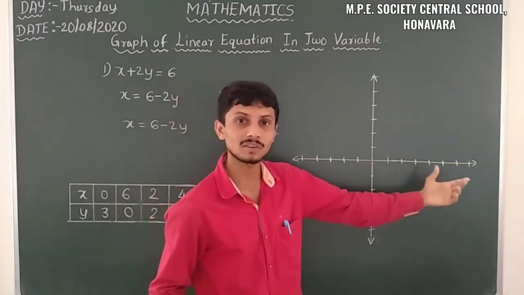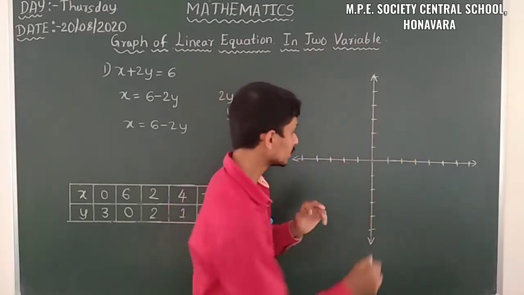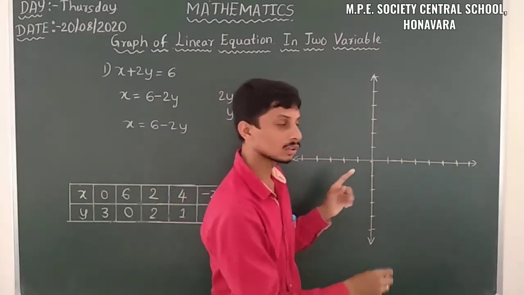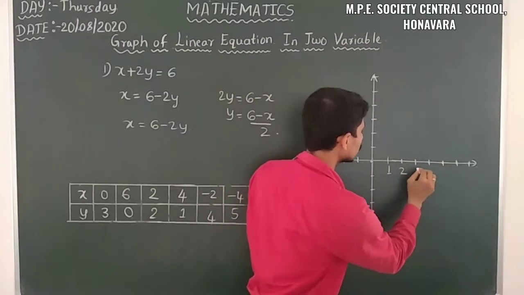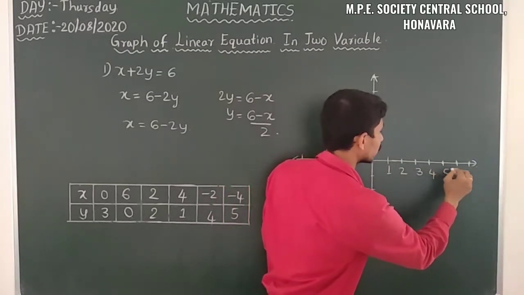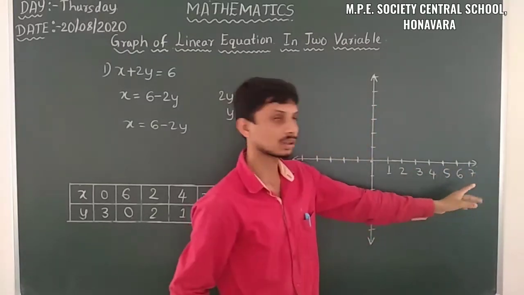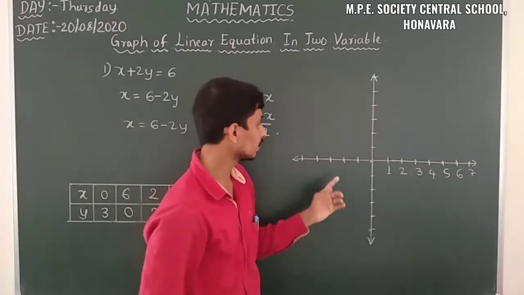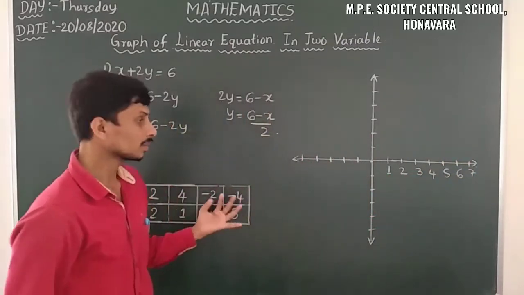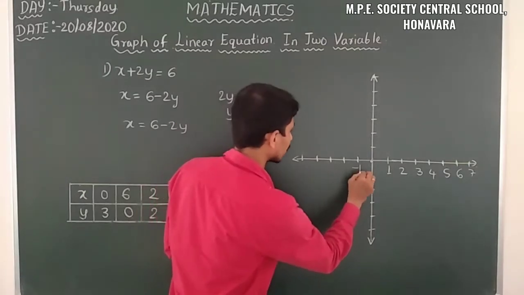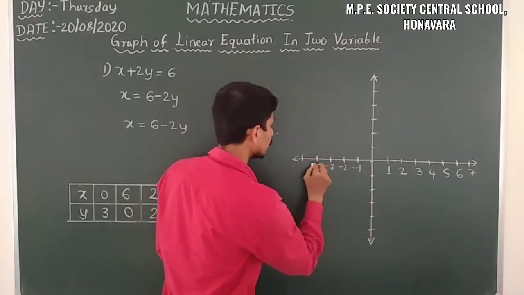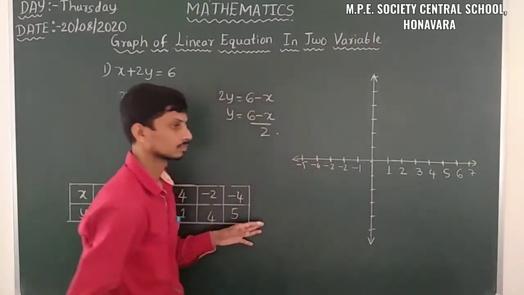You have to insert the values here. So it's 0, then 1 and 2, 3, 4, 5, 6, 7. So we got the 6 here, the highest value. Then here we want minus 4. So I will take minus 1, minus 2, minus 3, minus 4 and minus 5.